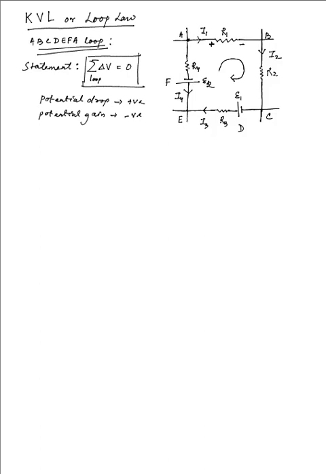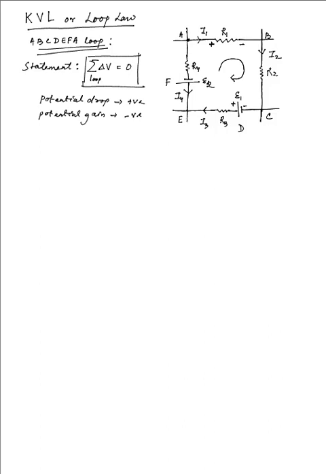Because we are moving in the clockwise sense, we move from C towards D. The smaller bar that you're observing is at the lower potential, the negative end of the battery or cell, and the longer bar is the positive or higher potential of the cell.